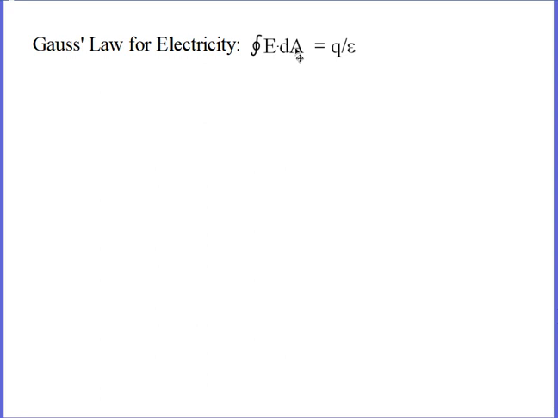Okay, so this was the idea that a source of field can be used, that the source of field contained within the Gaussian surface would have this relationship to the field at the area, the surface area of the Gaussian surface.